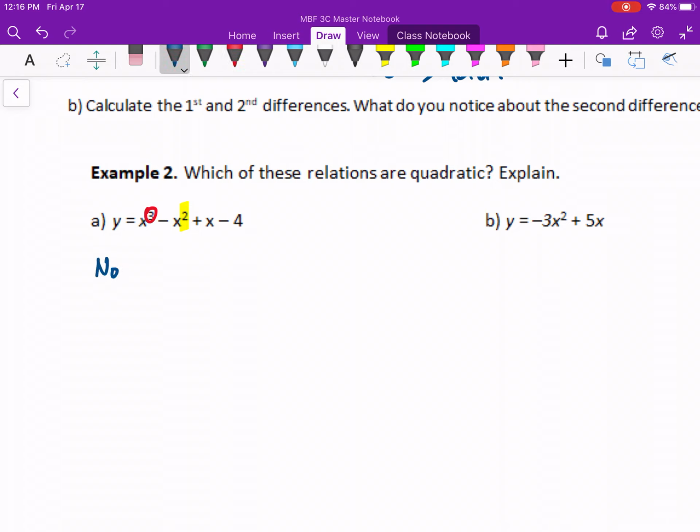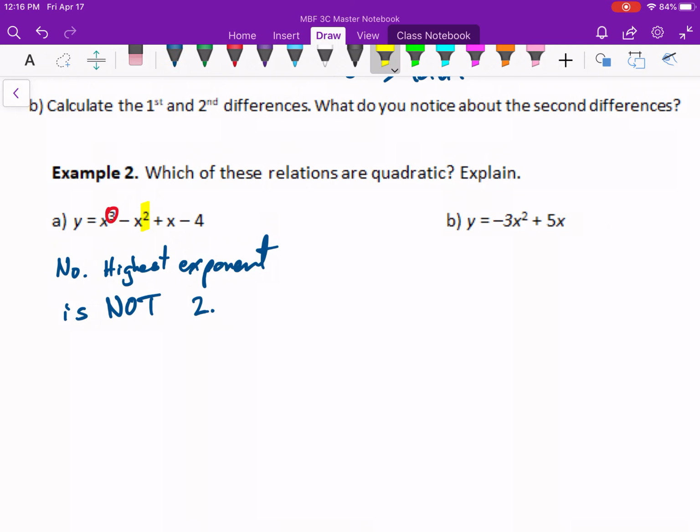No. Explain: highest exponent is not 2. But for this one, we do have an exponent 2, and that is the highest exponent. And so, yes, that one is quadratic.